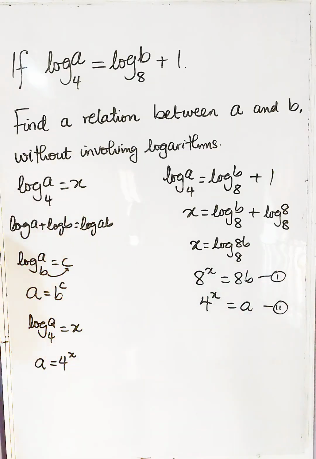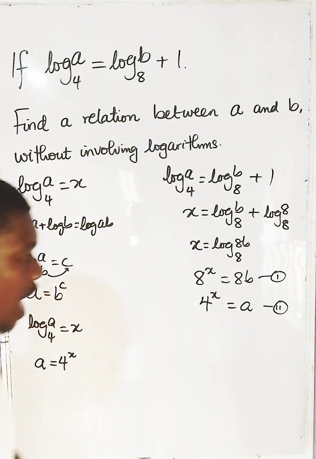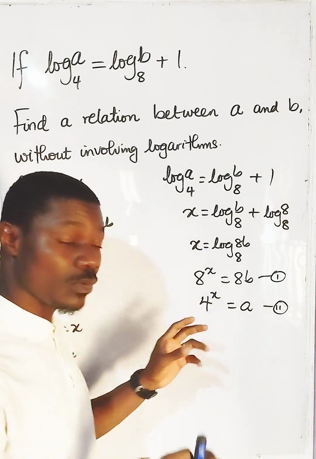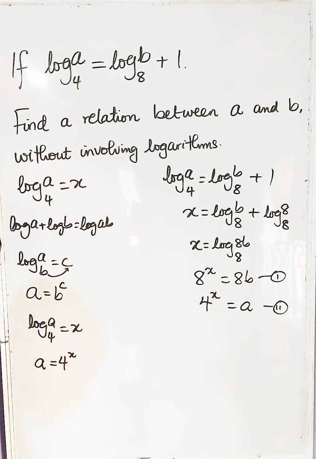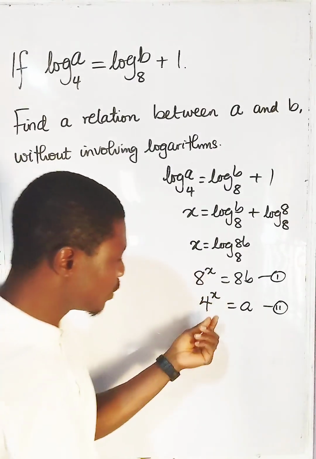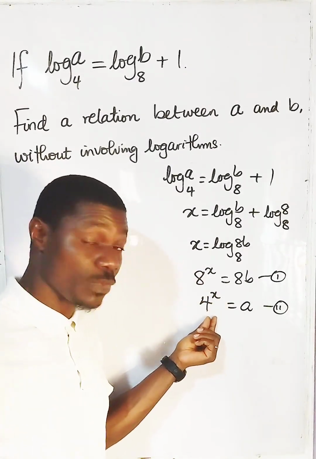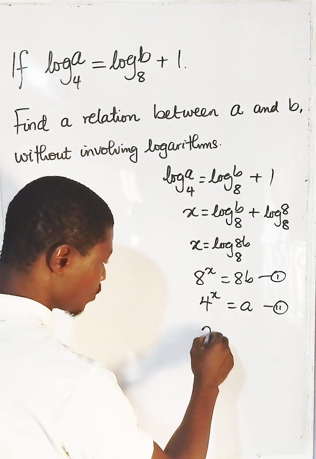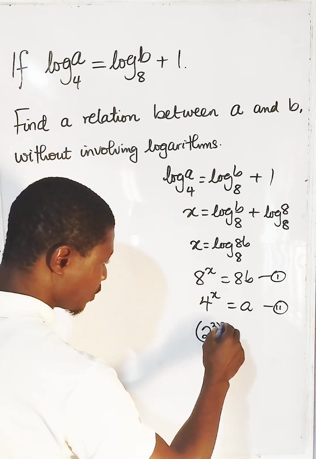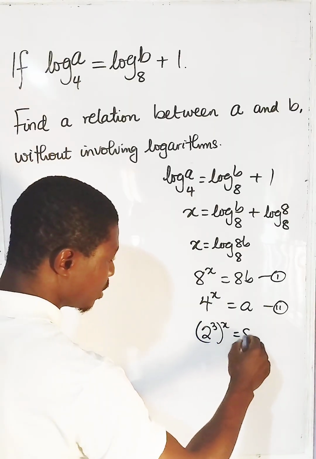Now the question is, how do you find one equation that connects both A and B? Let's reduce 4 to a base of 2 and 8 to a base of 2. So we end up having 2 raised to 3, all raised to x, equals 8b.